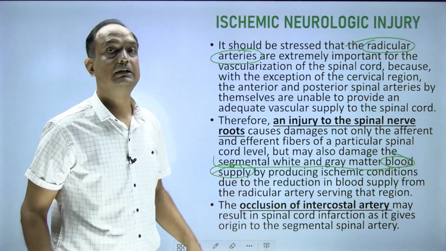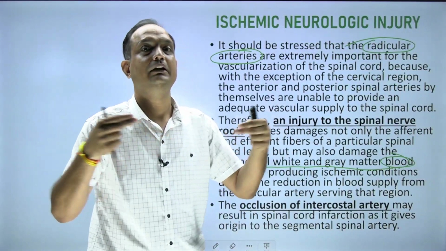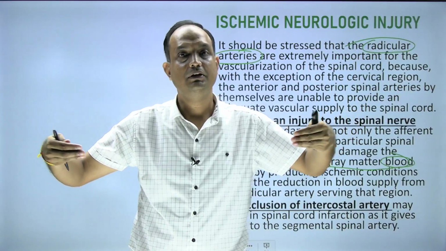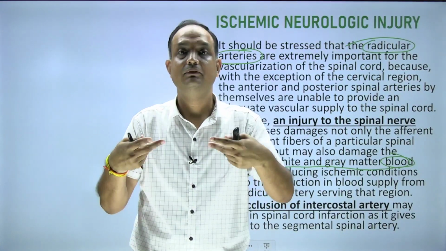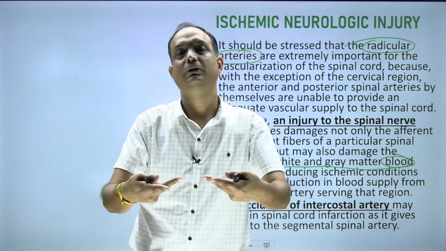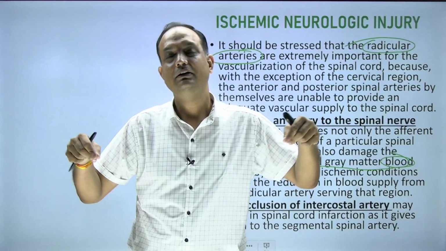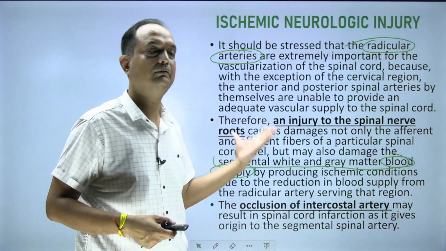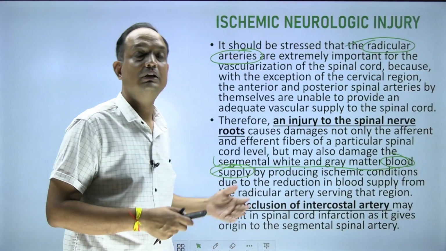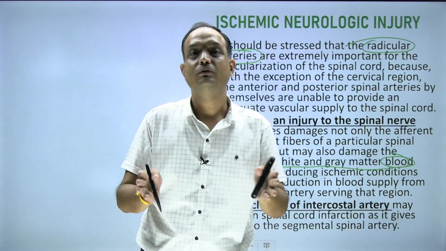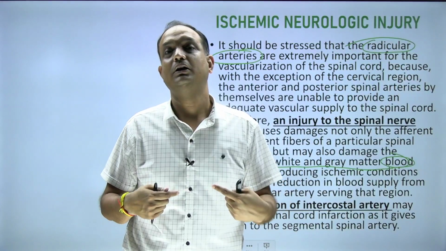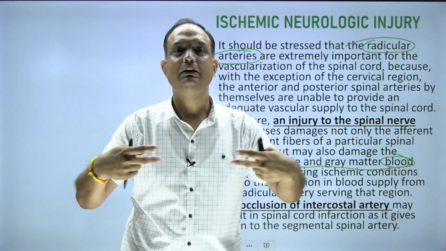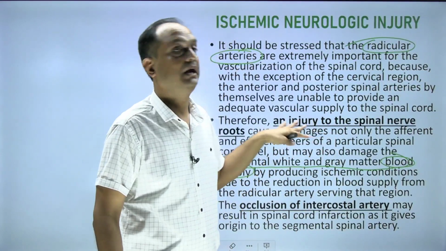We have seen that the segmental artery enters through the intervertebral foramen and then divides into the anterior and posterior radicular arteries, and these radicular arteries run along with the spinal nerve roots. So whenever you cut the spinal nerve roots, you also cut the anterior and posterior radicular arteries, because they are intimately related to the spinal nerve roots.